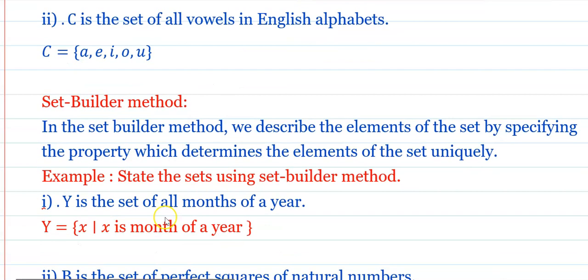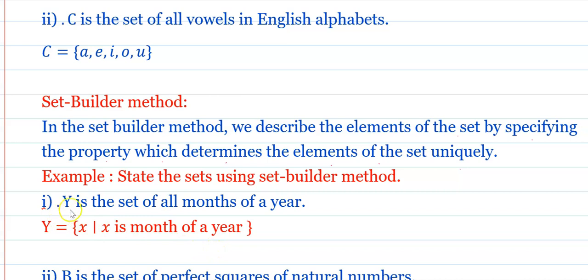Now the next method, which is the set builder method. In the set builder method, we describe the elements of the set by specifying the property which determines the elements of the set uniquely. We write the property particularly and therefore we get the unique elements. For example, state the set using the set builder method.